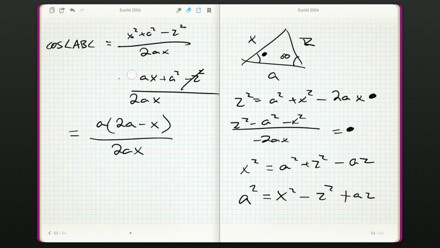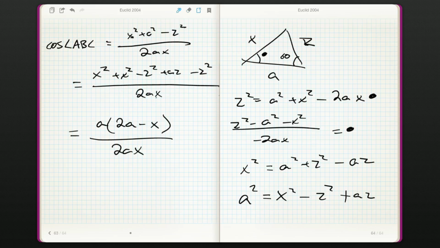So what would happen if I plugged that one in? x squared plus x squared minus z squared plus az minus another z squared all over 2ax. So I would have 2x squared minus 2z squared plus az all over 2ax. Again, not a nice formula.